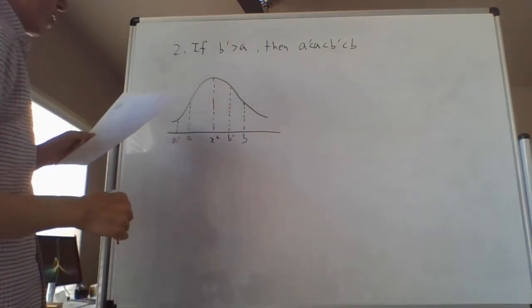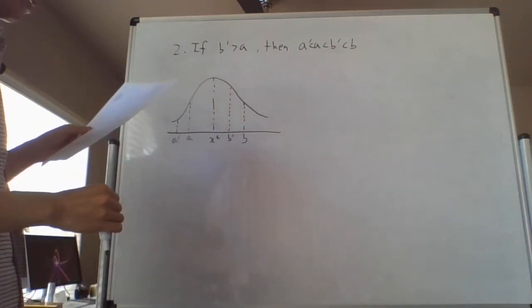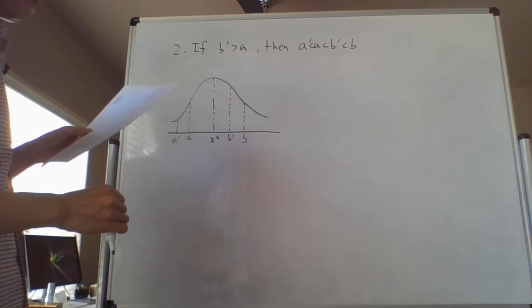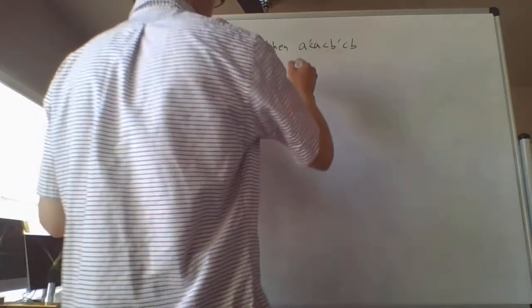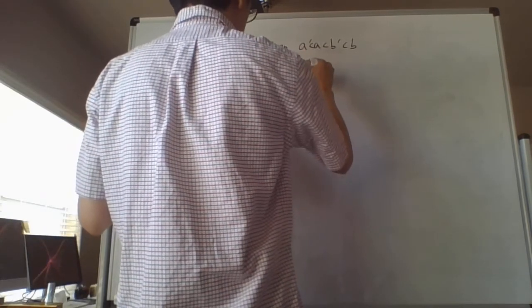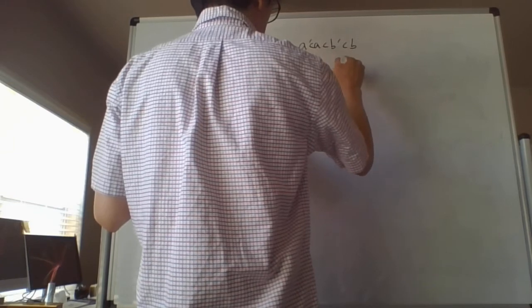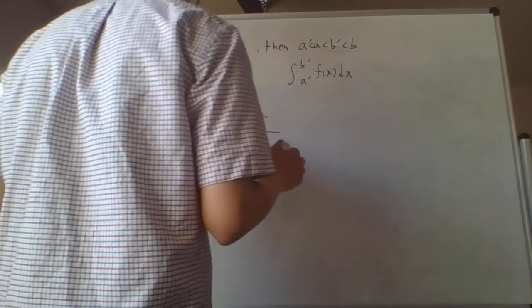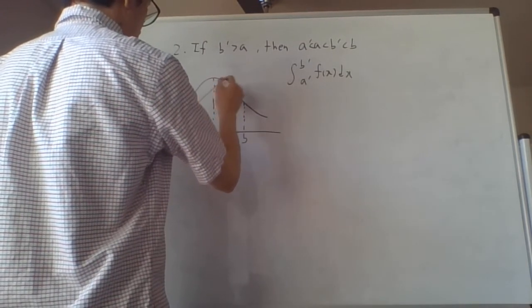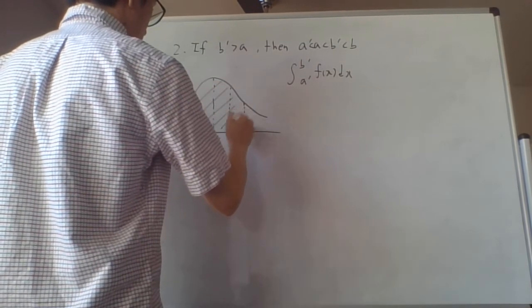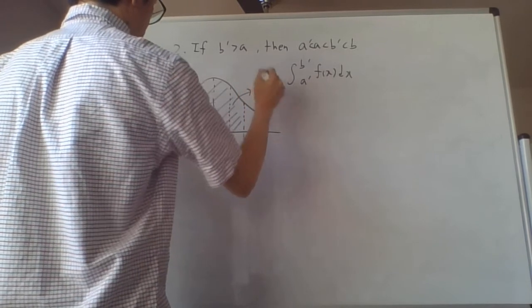So you have b prime in here. In this case, this has 1 minus alpha.